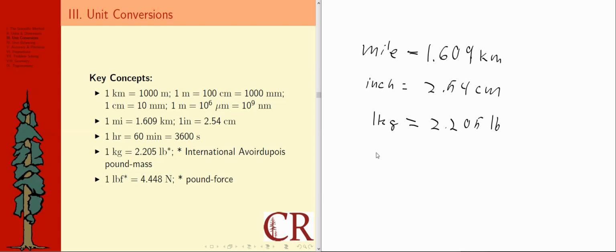But it is worth recognizing that if you are talking about a pound, this lbf symbol here stands for the pound-force unit, and the conversion for that, so I'm going to write that down as well because we might need it in an example, is 4.448 newtons. And the newton, it turns out, is the name for the force unit that is based on base units in the SI system.